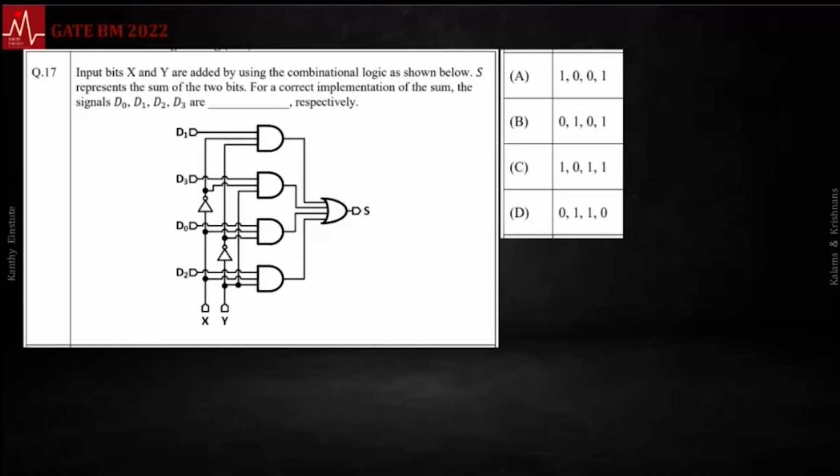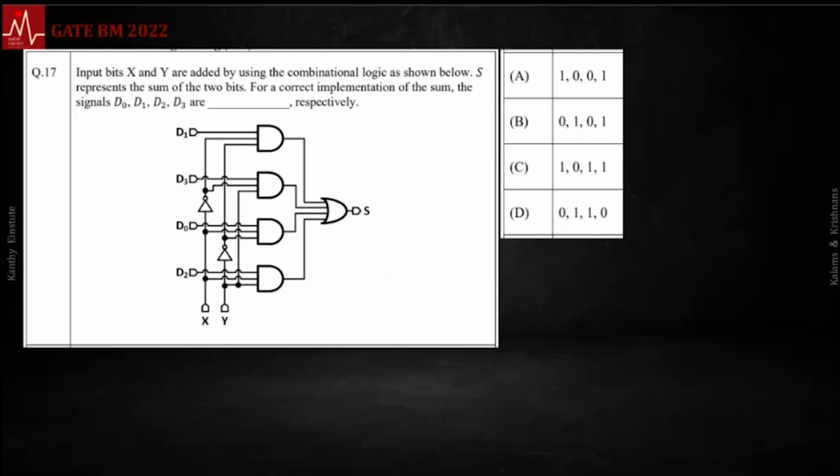To do binary addition, you should be able to do two things: add the digits, and then handle the carry. Right? 1 plus 1 is how much? 10. So it has a summation of 0 and then a carry of 1. You can split it into two parts. Binary addition is summation and carry.